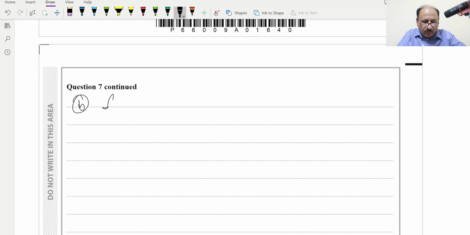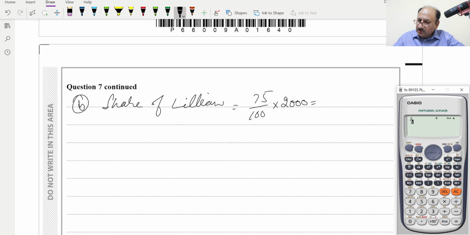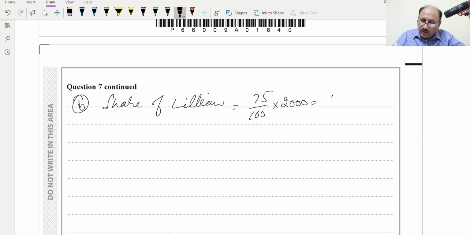So the share of Lillian is equal to 75% of $2,000, and this is equal to 75 over 100 multiplied by 2000, which is equal to $1,500.